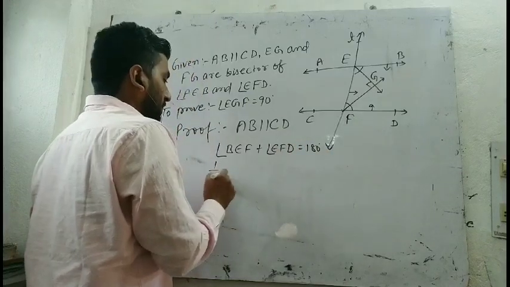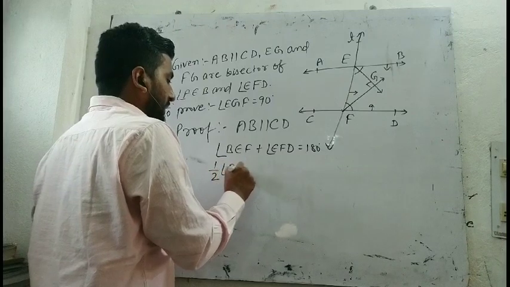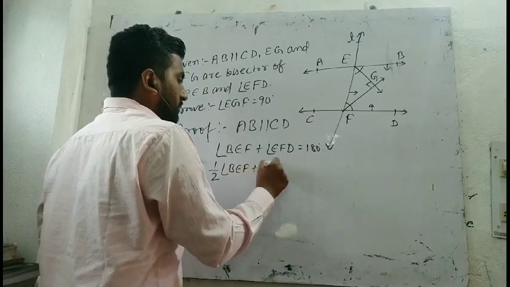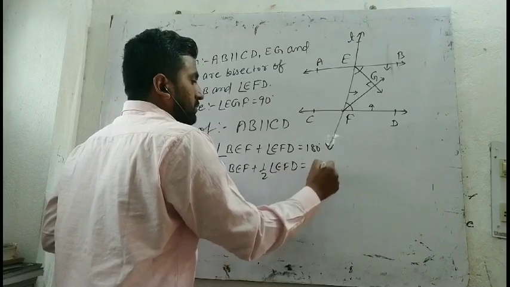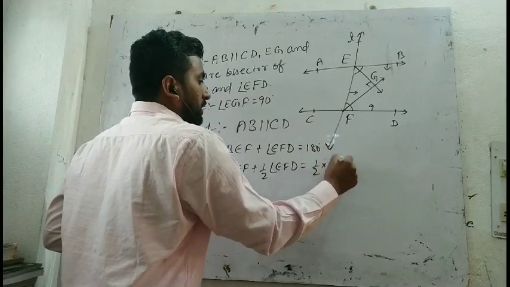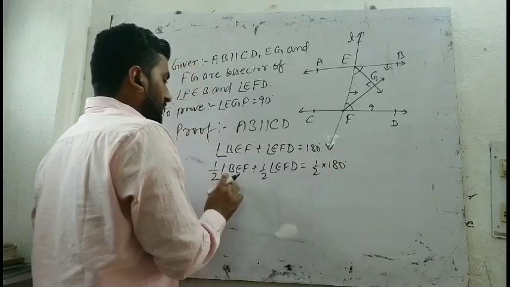Now half of BEF plus half of EFD is equal to half of 180.